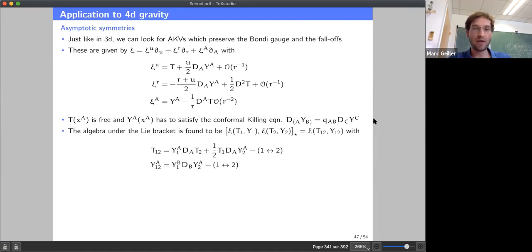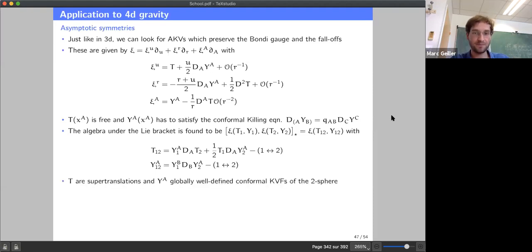Now, if you compute the bracket, we can compute with this modified bracket, star, the algebra of these vector fields. Essentially, we're trying to keep in mind what we did in 3D and understand the generalizations. T is now the 4-dimensional analog of what we called the supertranslations in 3D. So these are the 4-dimensional supertranslations.